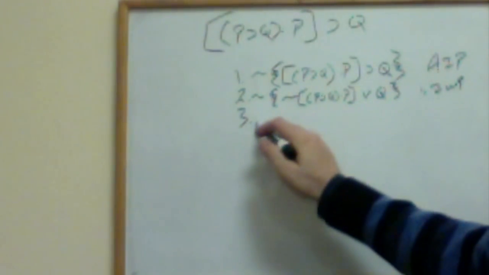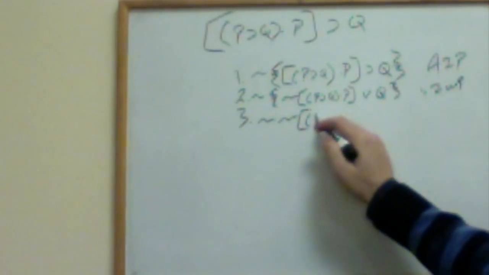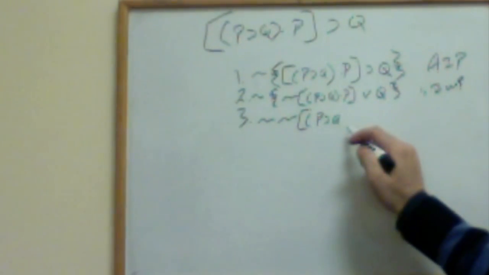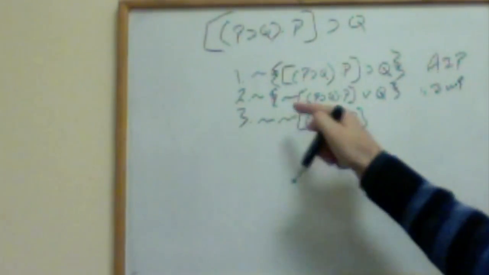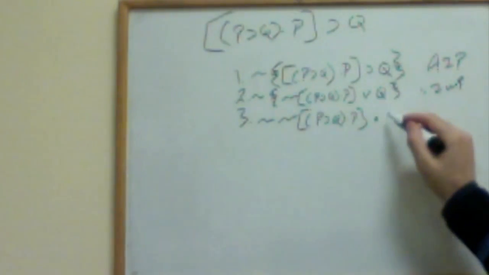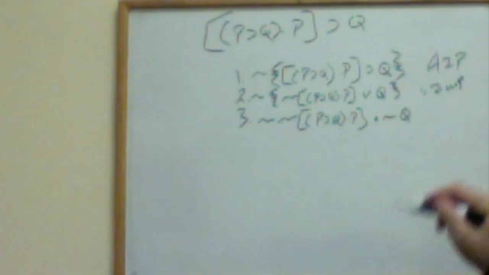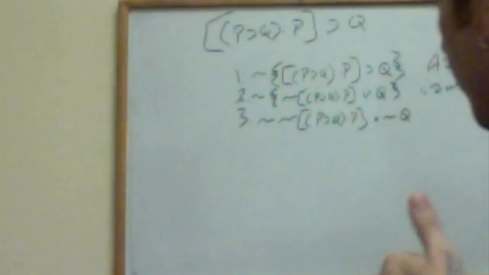So we move tilde, tilde, and then we have that, P horseshoe Q dot P. So we have tilde, tilde that, and this turns into a dot and a tilde Q. Okay, so that looks good now. We have a tilde Q around, and so it looks like we can build some kind of contradiction there.